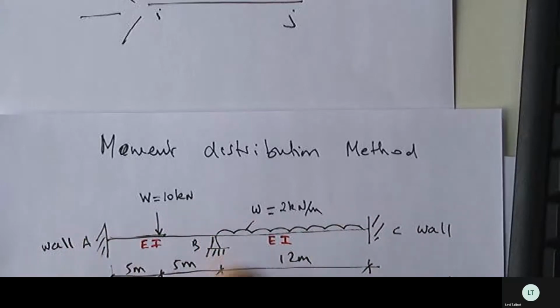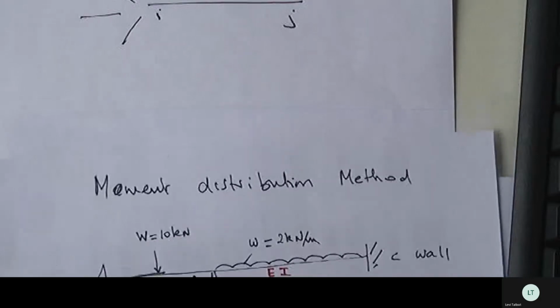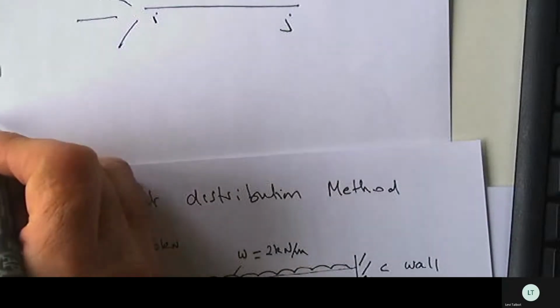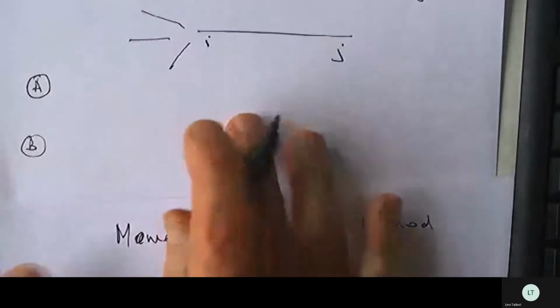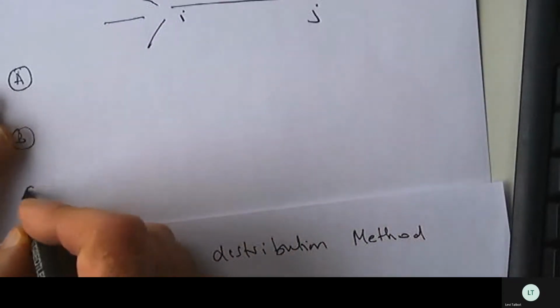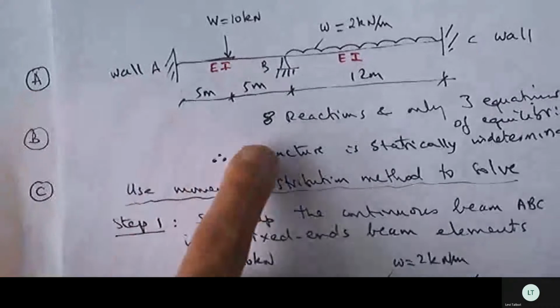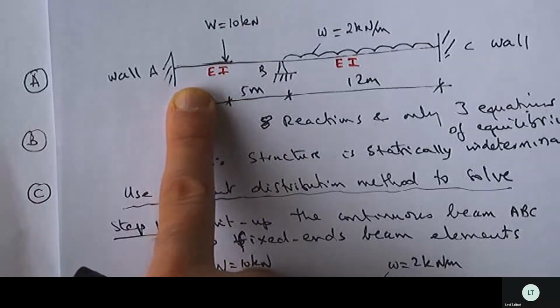And in the middle, you can imagine a column, for example, so the beam runs from wall to wall and rests on a column there. Is that clear? So we have three joints: joint A, joint B, and joint C. Now look at A. How many members are connected to joint A?